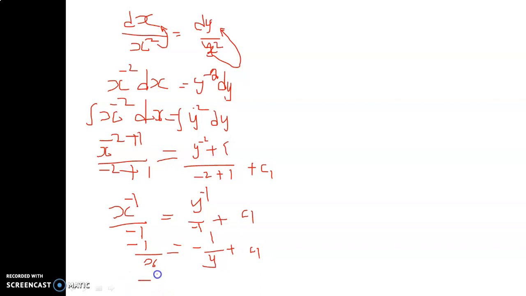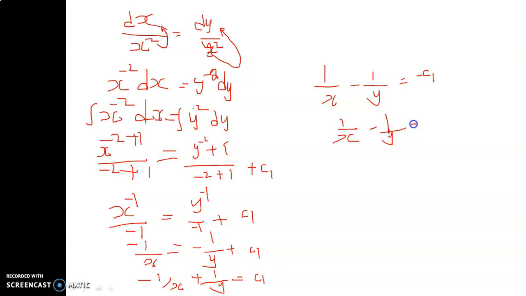I can write it as minus 1 by x plus 1 by y equal to c1. Again, I can write it as 1 by x minus 1 by y equal to minus c1, which can be written as 1 by x minus 1 by y equal to some constant, which is nothing but 1 by x minus 1 by y equal to u.